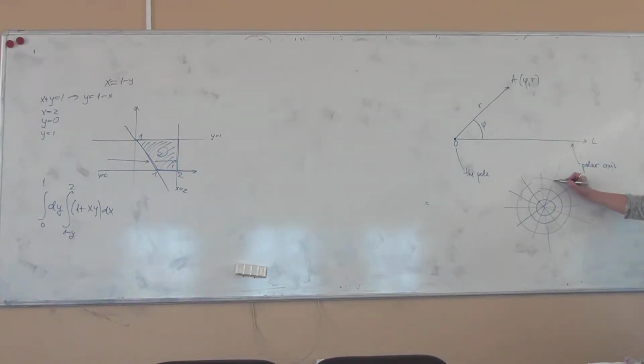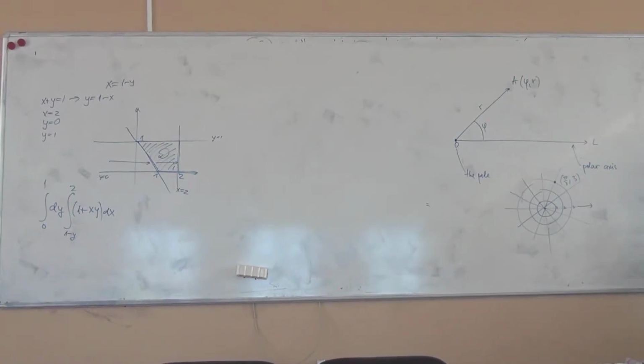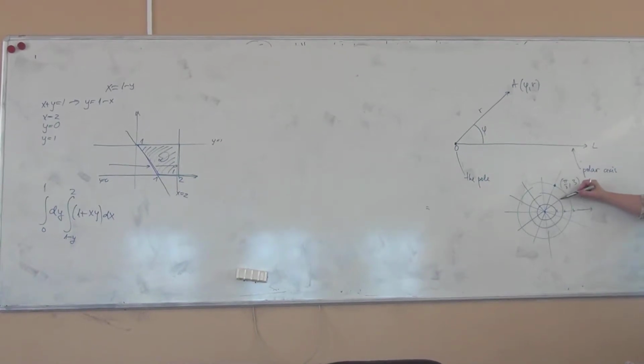For example, this point would have coordinates 60 degrees, that's pi over 3, and 3, if this is 1, 2, 3, the units on the polar axis. And this is the pole. Sometimes you can denote it by O or by B, it doesn't really matter what you call it. So if this is 30 degrees and this is 30 degrees, then the total angle is pi over 3, 60 degrees, and the distance from the pole is 3.